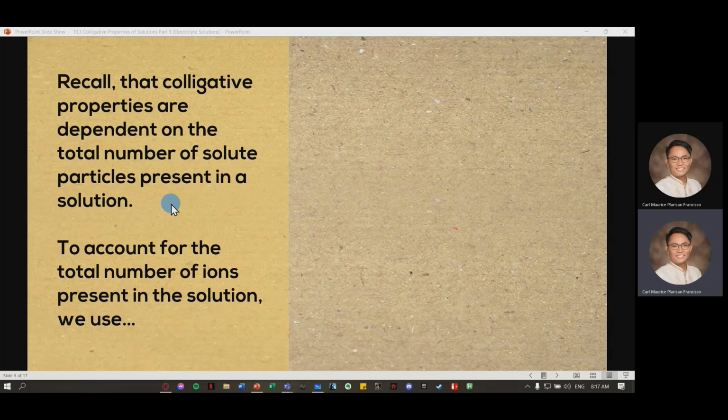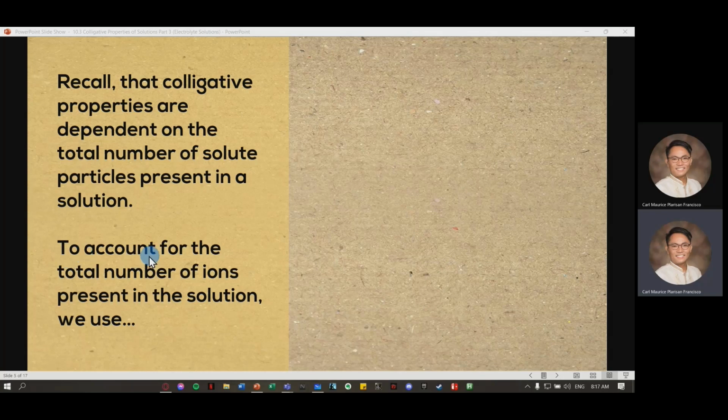So muli po nating alalahanin na kapag usaping colligative property, tayo po ay nakafocus, tayo po ay tumutukoy kung gaano kadami ang solute particle. Ngayon, dahil pinag-uusapan natin ay colligative property ng electrolyte, mayroong bilang ang ions.